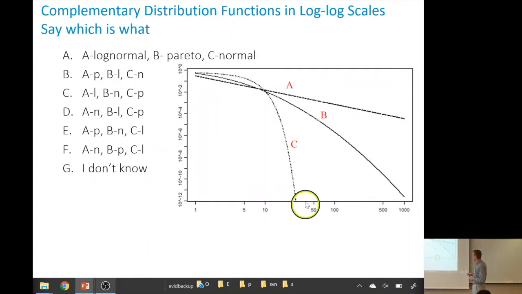So this should be Gaussian, normal, log normal, and Pareto here. So this is one of the methods we can use to choose a distribution: by plotting the tail, by plotting the empirical CCDF. If you see a straight line after some point, then you can think of modeling the tail as a Pareto distribution.